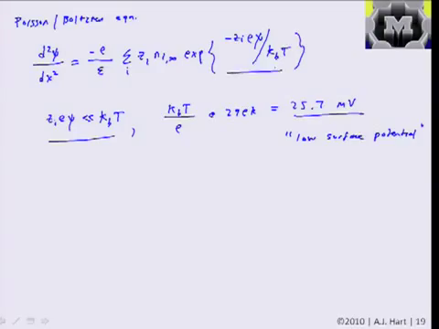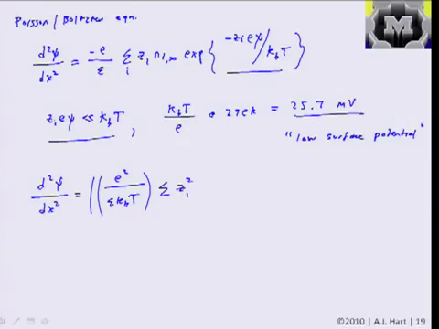So when this condition is true, we can then end up with a linearized equation that states that the second derivative of the potential is equal to a quantity e squared divided by epsilon kBT times the sum of the valences squared times the concentration far away multiplied by the surface potential.